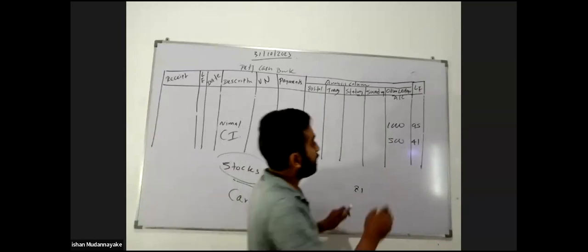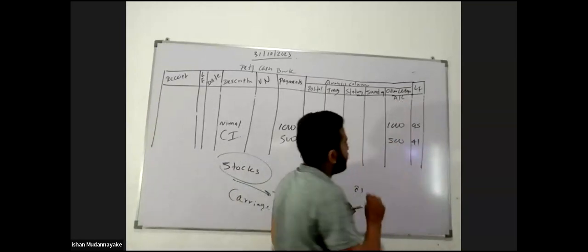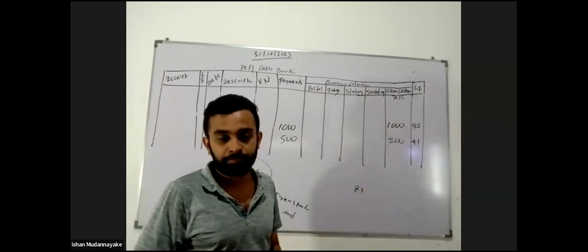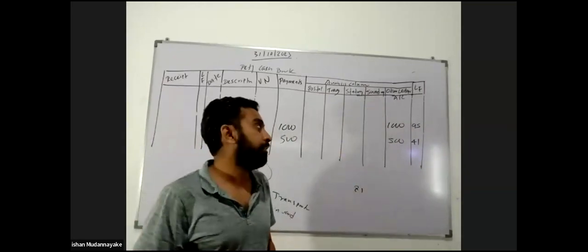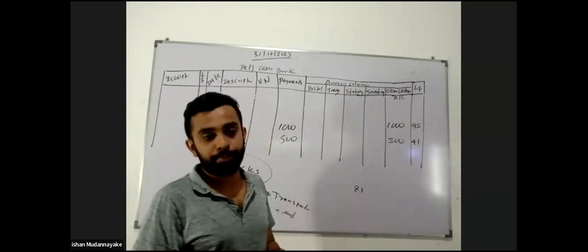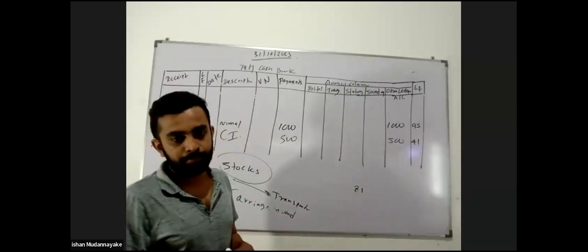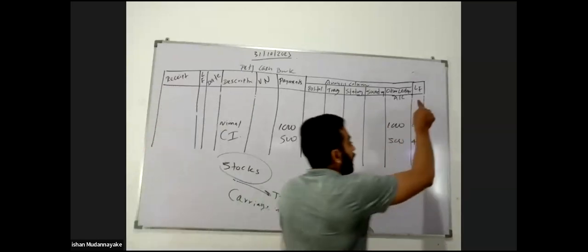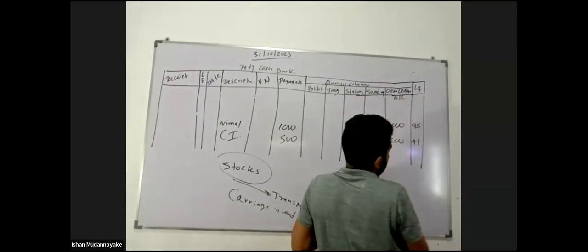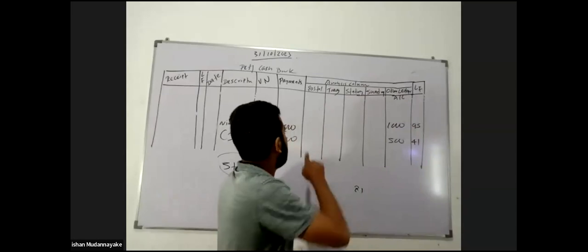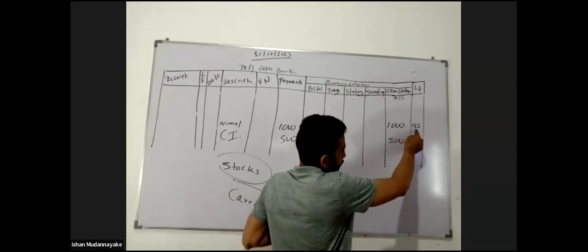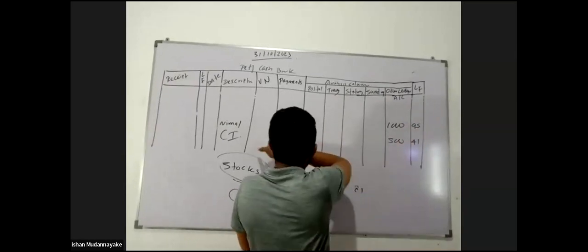And then other ledger account: if we have a separate account for some cash payment, then in the other ledger account line you need to write down that cash payment. And this LF column is applicable for the other ledger account line. The page number of the Nimal account, or the page number of the carriage inward account, you need to write down here.